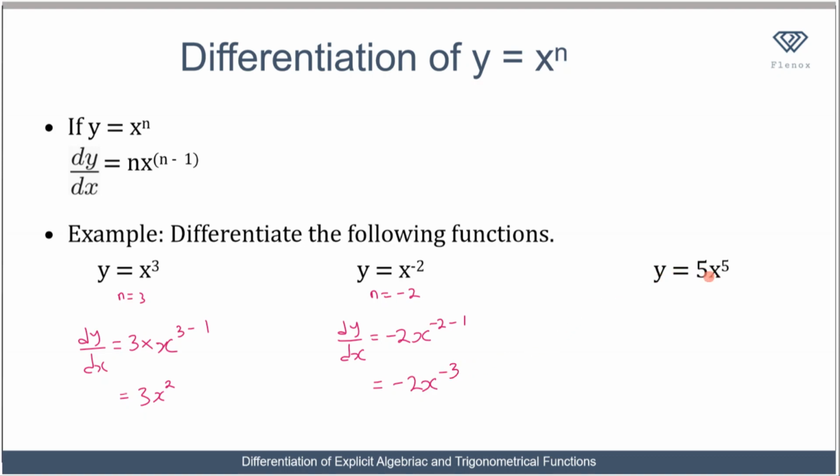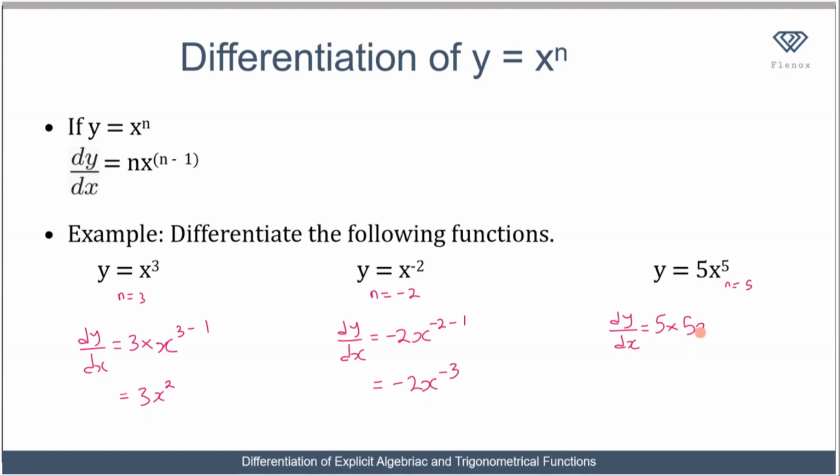And finally, for this example, I'm told that y is equal to 5x raised to the power 5. So dy over dx, I have a 5 already here. So I have to bring this 5 down, since my n in this case is 5. So I have times 5.